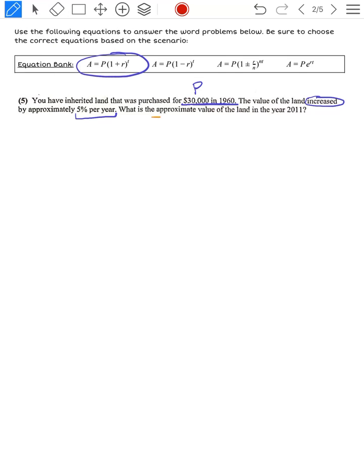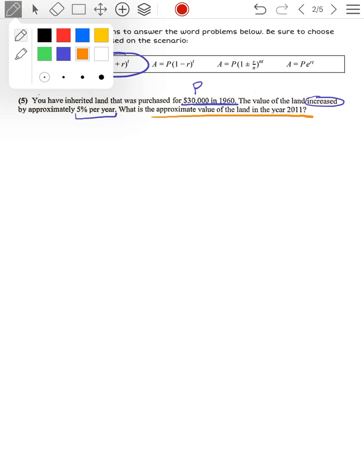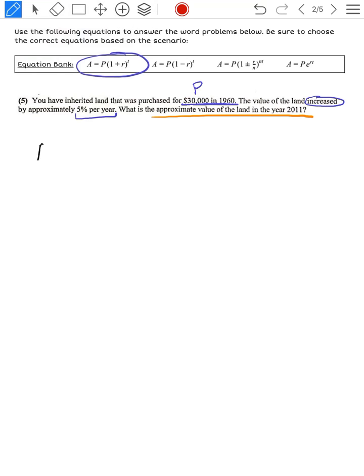And the question is, what is the approximate value of the land in the year 2011? So first, let's identify all the things. A is what I'm trying to figure out. I'm trying to figure out what is the value of the land in 2011. P is my starting amount, and it starts at $30,000.